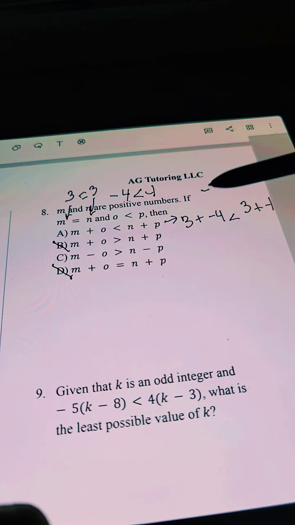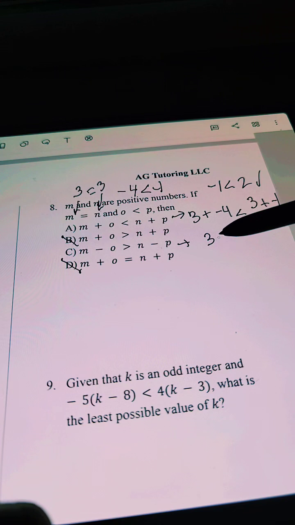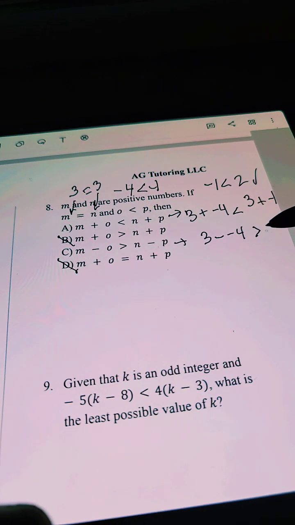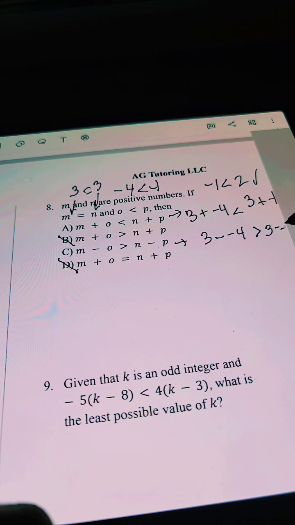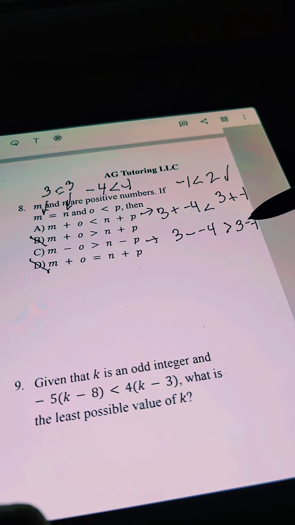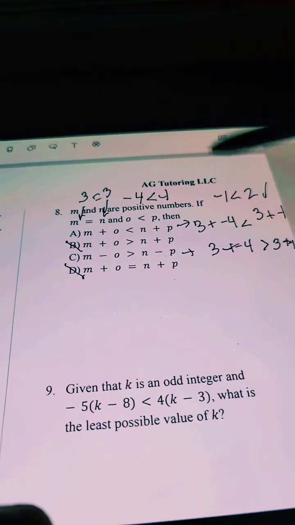So then that would be -1 is less than 2. Yes, that checks out. Now let's try it for C. So then it would be 3 minus -4 is greater than 3 minus -1. That kind of got cut off. So then that would be plus, this is plus. Oh my God, I hate this.